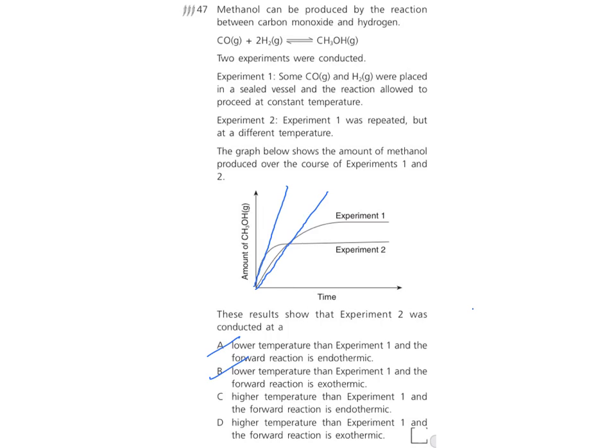Now, was it endothermic or exothermic? Well, we know now that experiment 2 was done at a higher temperature, but look at the amount of methanol produced. In experiment 2, you produced less methanol than experiment 1 when you reached equilibrium. So raising the temperature in experiment 2 resulted in less methanol being produced. So if we look back at the equation at the top of the page, raising the temperature must have shifted the equilibrium backwards.